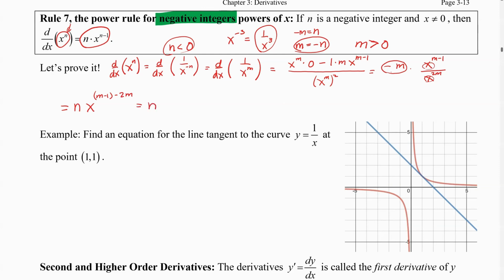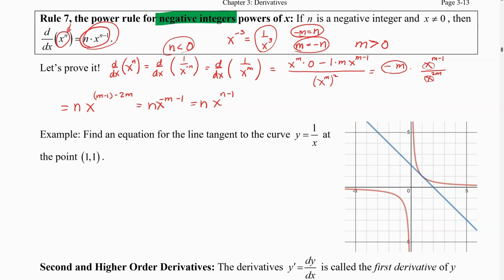Get n, okay? And what is m minus 2m? Well, that looks like negative m. m minus 2m is negative m minus 1. Oh, wait, but negative m is n. Oops, got the x there. x to the n minus 1. And that's exactly what we wanted to show.